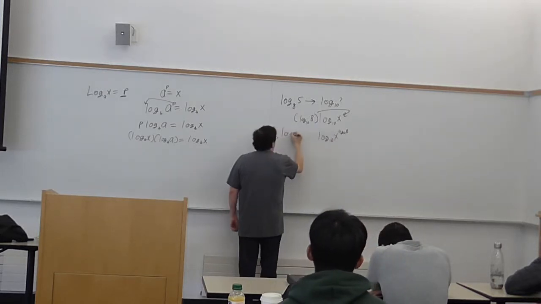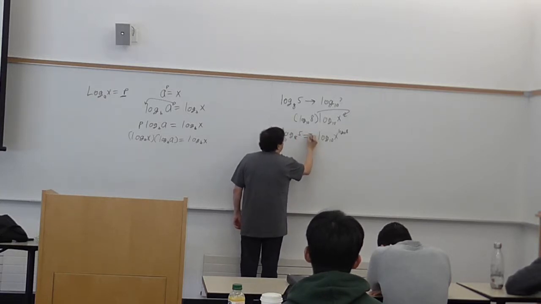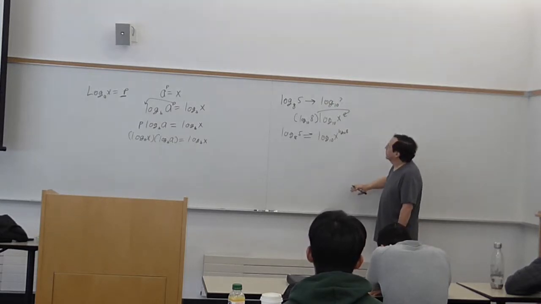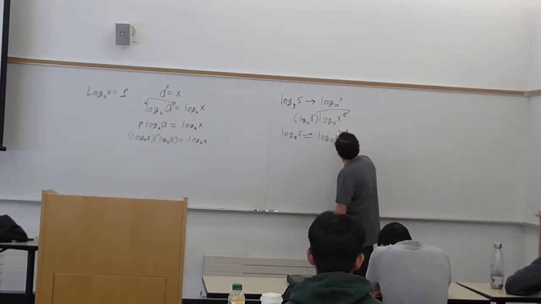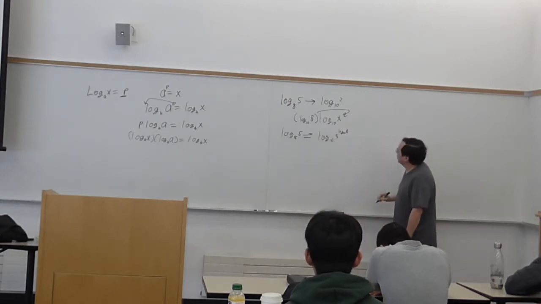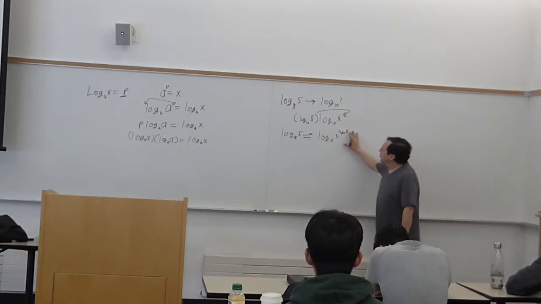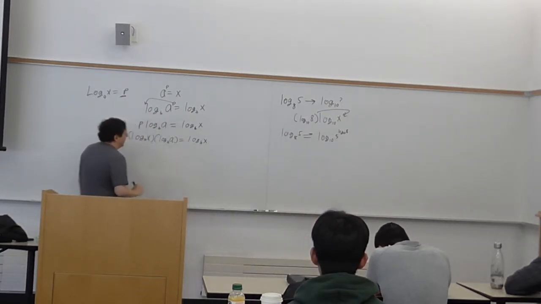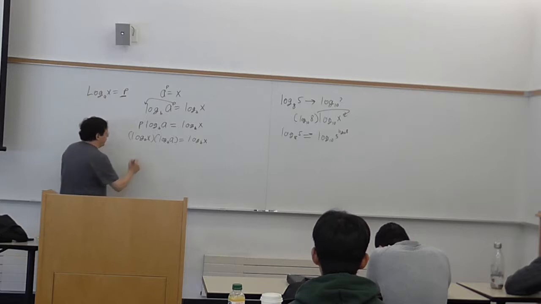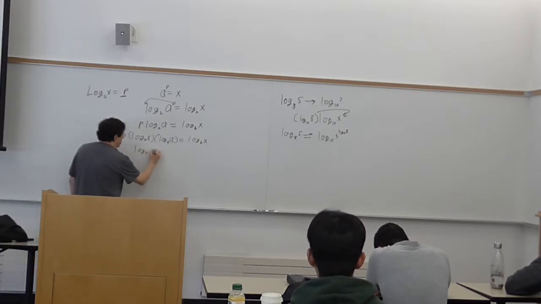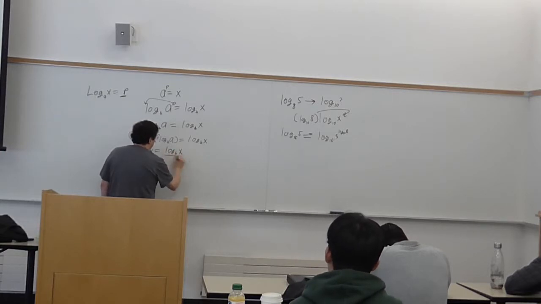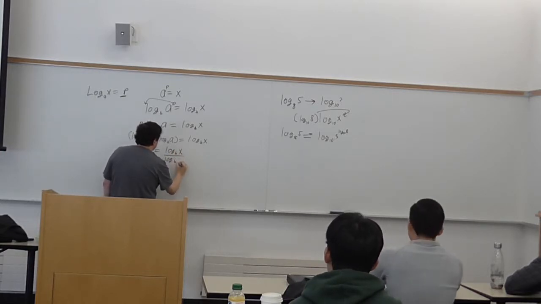So that's what log to the base 8 of 5 is equal to in terms of some function log to the base 10. Okay, we don't usually use it this way, but you will see it this way a lot, or you might see it as log to the base a of x is log to the base b of x over log to the base b of a.